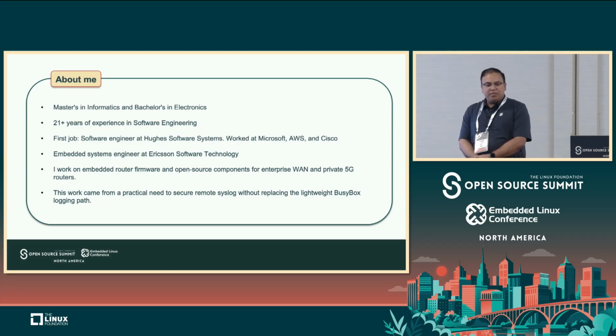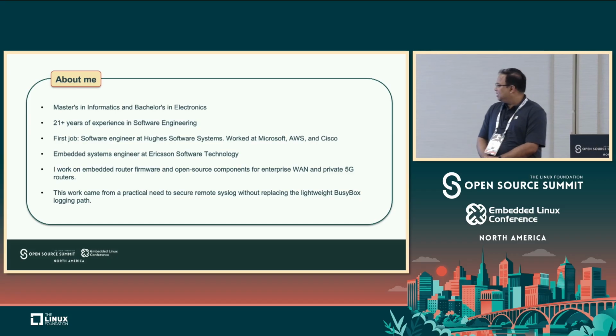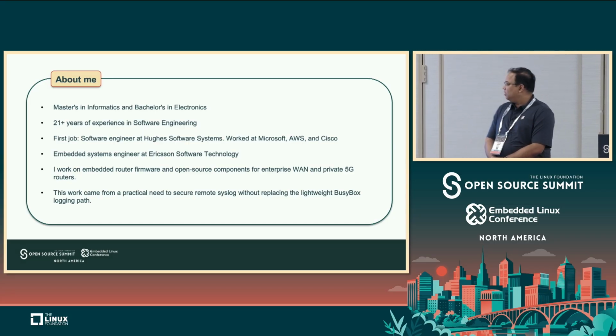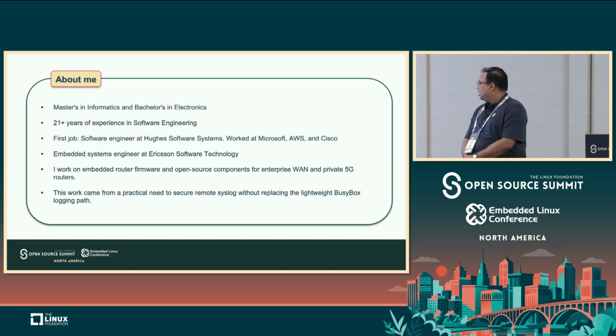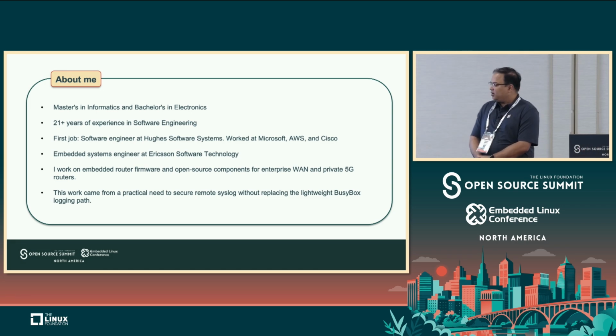I work in the embedded router framework domain, which develops components for the wireless WAN and 5G router space. This work came from a practical need, where we needed to secure the remote syslog without losing the lightweight BusyBox protocol.